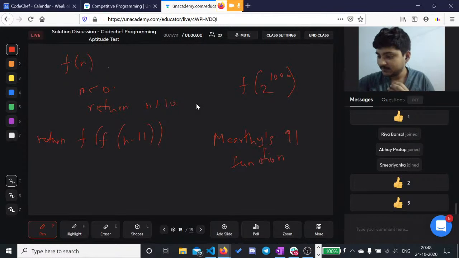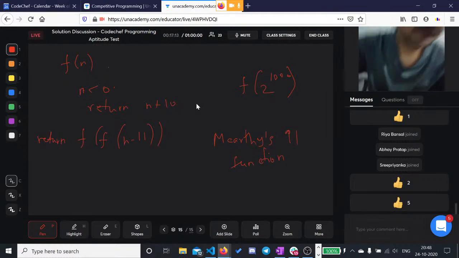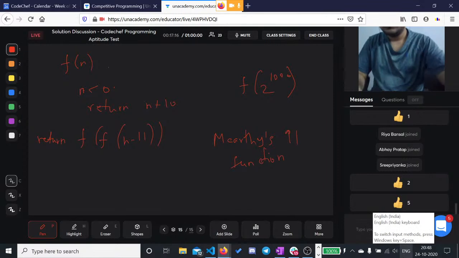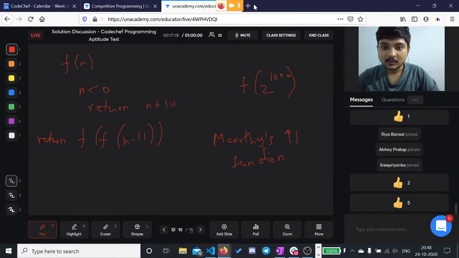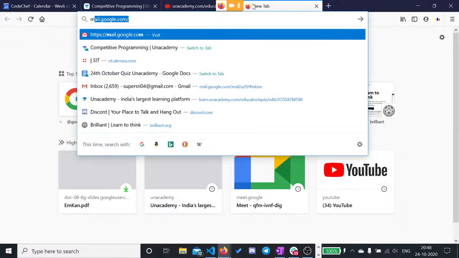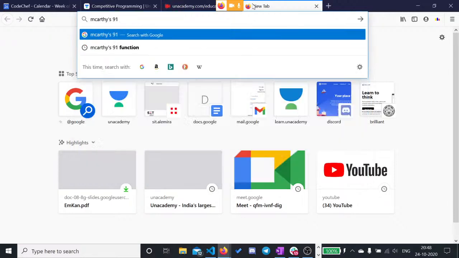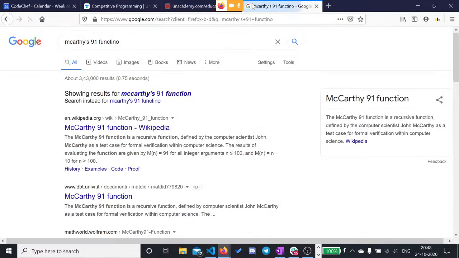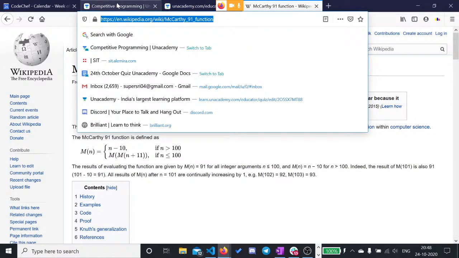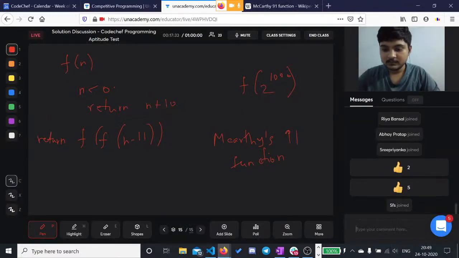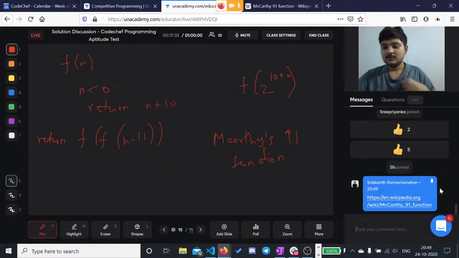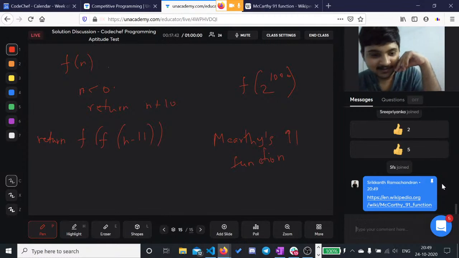So let me just put a link here to McCarthy. Okay. So that's a Wikipedia link to McCarthy's 91 function. If you already knew about this function, then you can easily answer it.